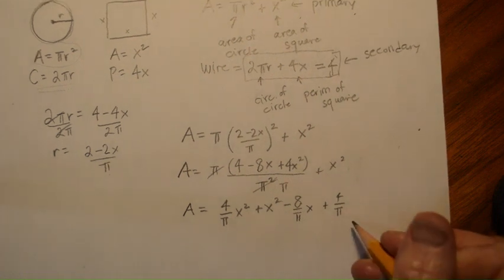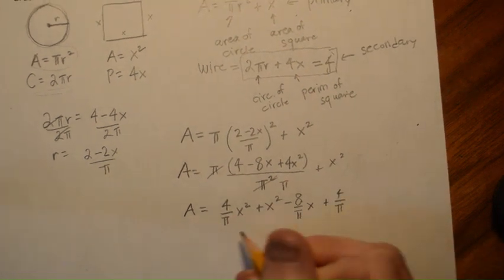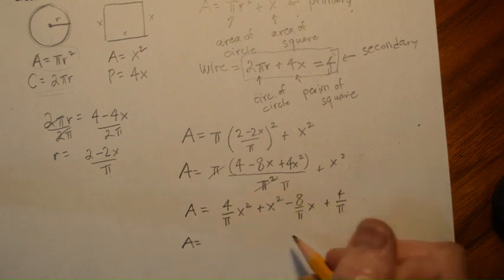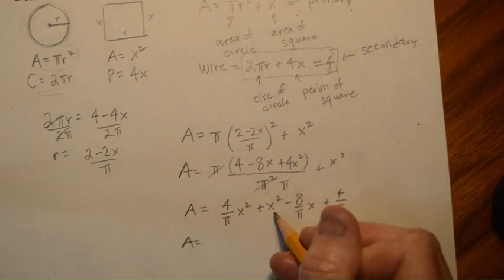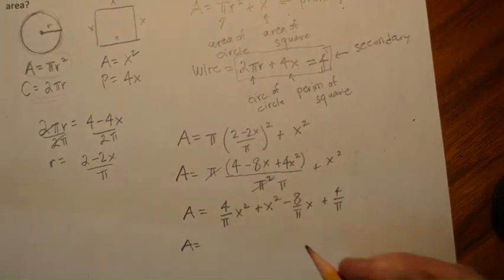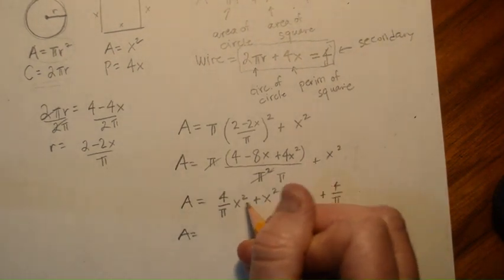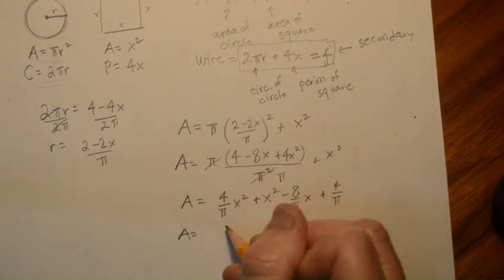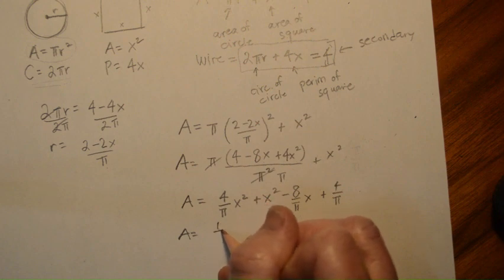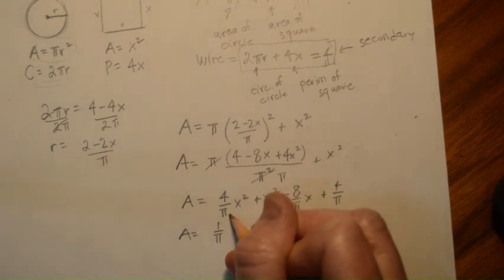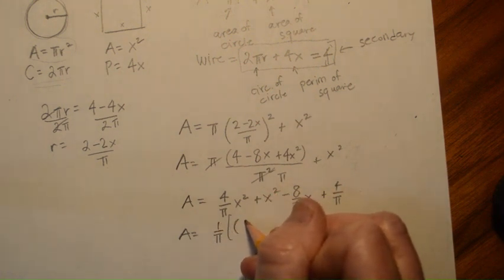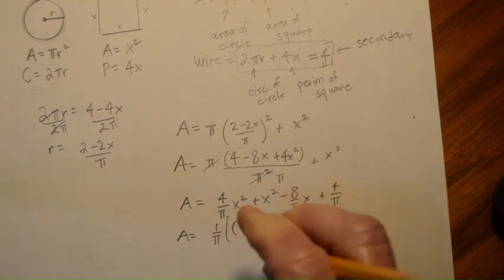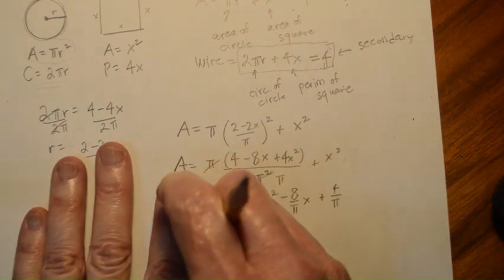Okay, and then let me do one other thing. This was just dumb to do that, sorry. I'm going to combine these two terms and then I'll factor out a pi. I don't know why I did that. So it's going to be 1 over pi, and this will be 4. My goodness, hold on.